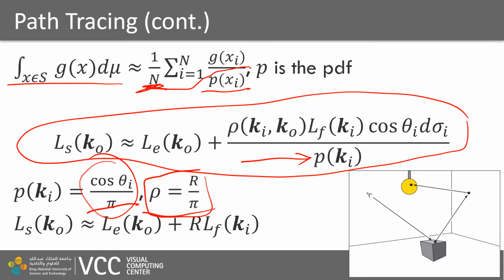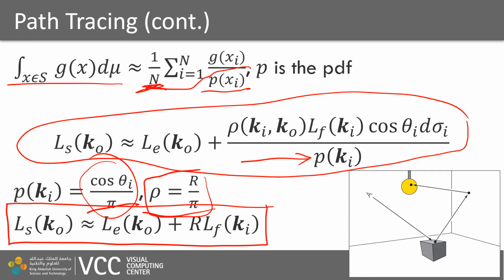So we end up calculating the surface radiance as the sum of the emitting radiance and the incident radiance, or the field radiance, weighted by the diffuse reflectance value. And we perform this on each position, so we need to calculate the incident radiance from the next bounce.